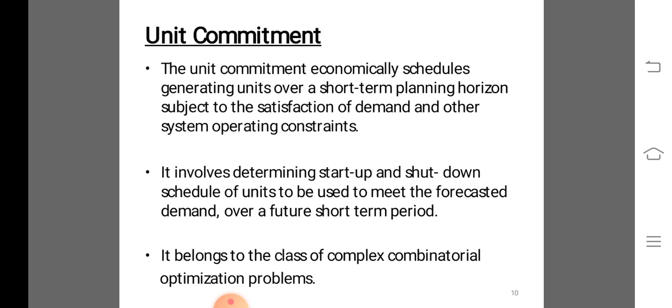The plant commitment and unit ordering schedule extend the period of optimization from a few minutes to several hours. From the daily schedule, weekly patterns can be developed.